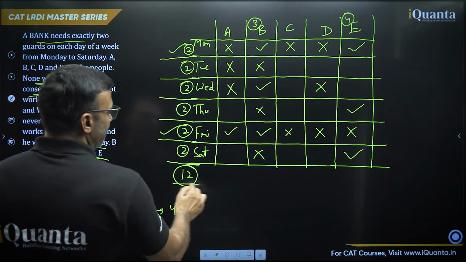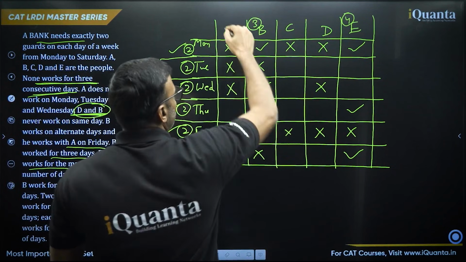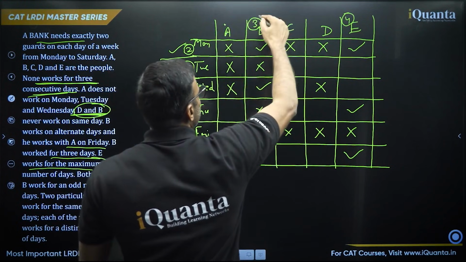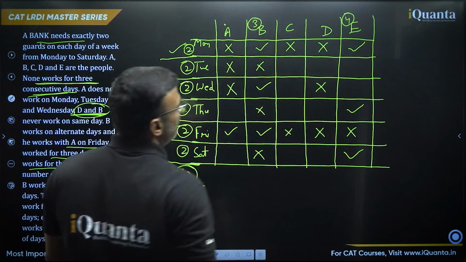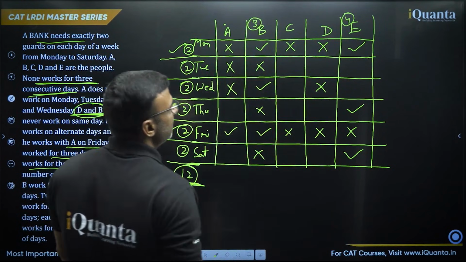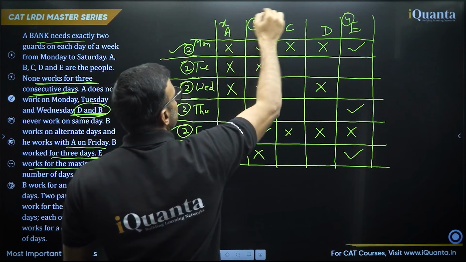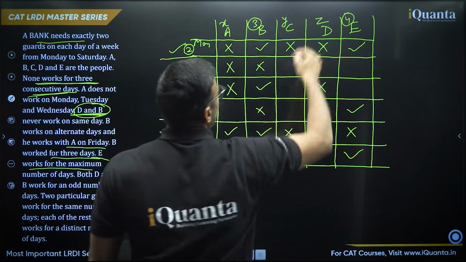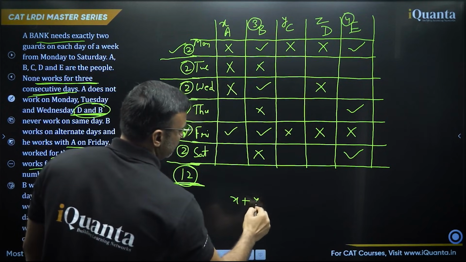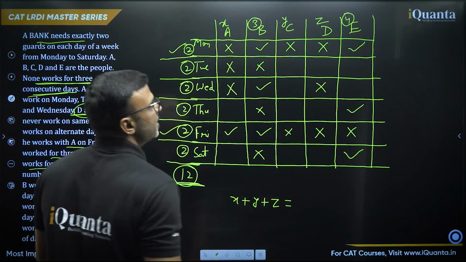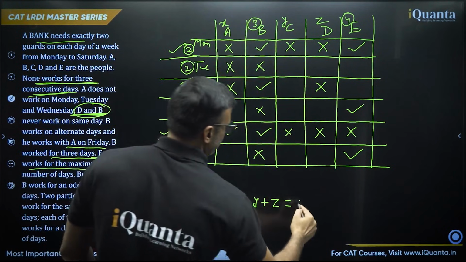Total is 12. That means whatever the number of days for A, B, C, D, E, that has to be 12. Now 3 plus 4 is 7. That means, let's say X, Y and Z for A, C, D. X plus Y plus Z has to be how much? Think about that. 12 minus 3 and 4. So it has to be 5.